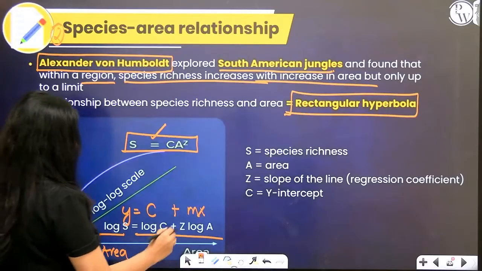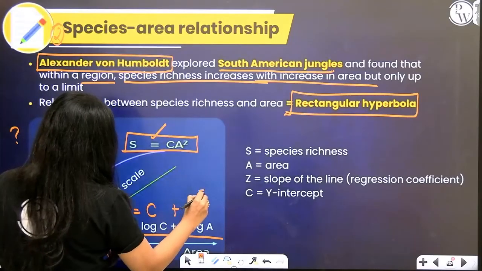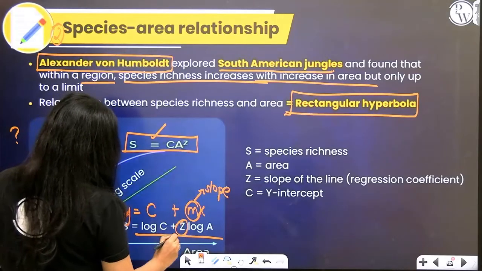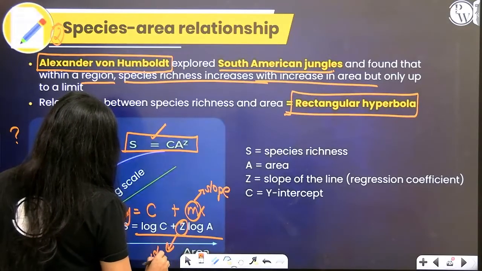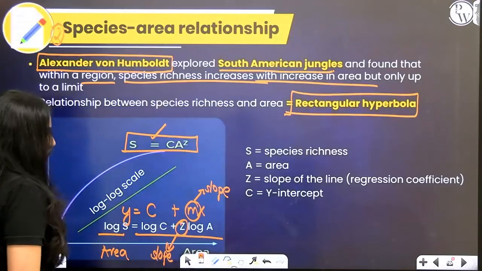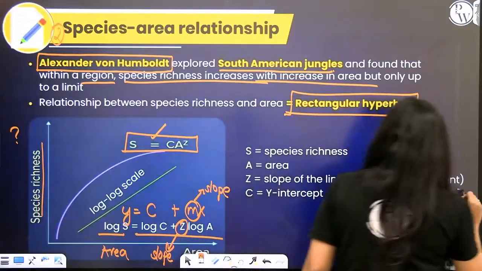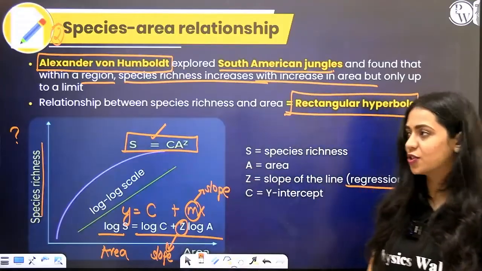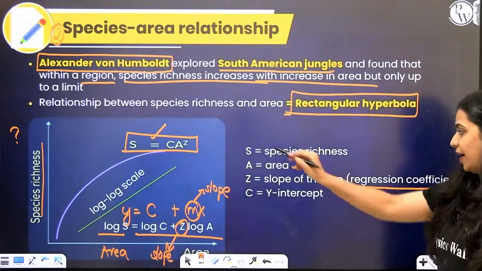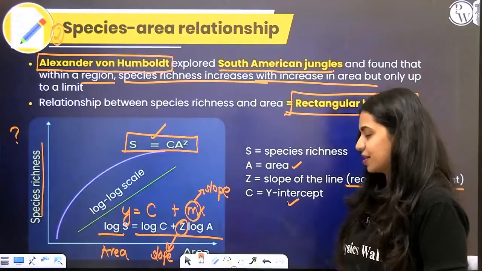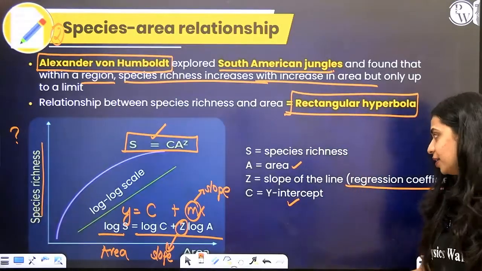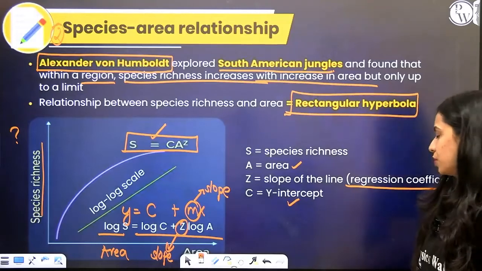Over here, m always represents the slope. In this case, Z represents the slope, or we even call it the regression coefficient. What does S stand for here? S is for species richness, A is for area, C is the y-intercept, and Z is the slope of that line or the regression coefficient.